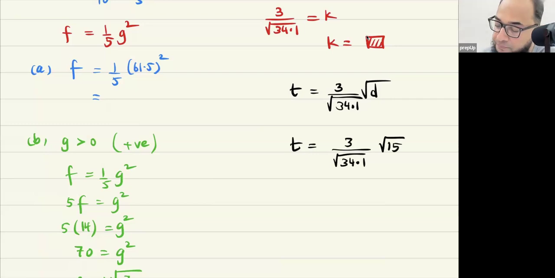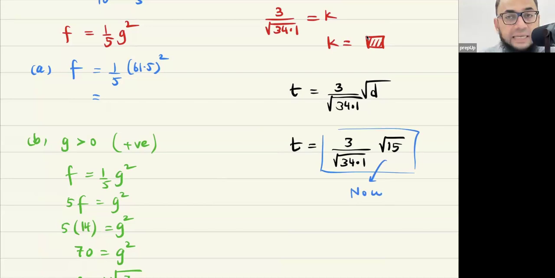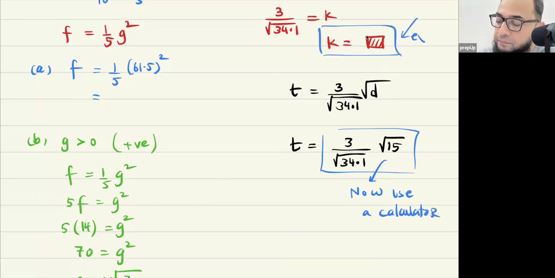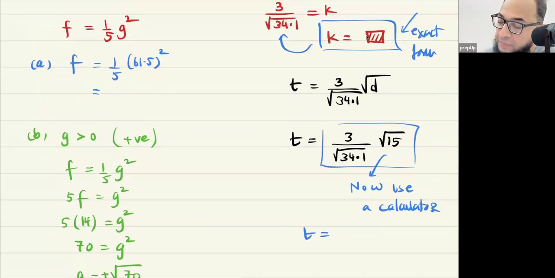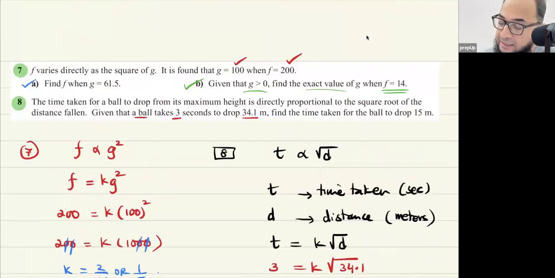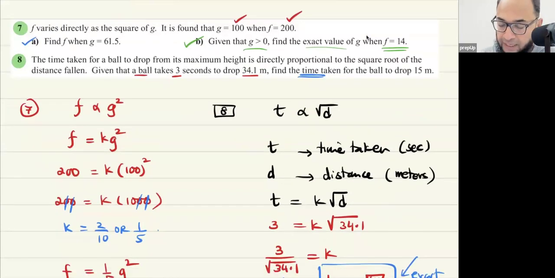Instead of writing k in decimals, I wrote k in the exact form, so I wrote it as it is. Then I plugged in the value of d. Now I'll evaluate, and I'll get the answer for t, the time taken. So I hope it's all clear. Let's move on.